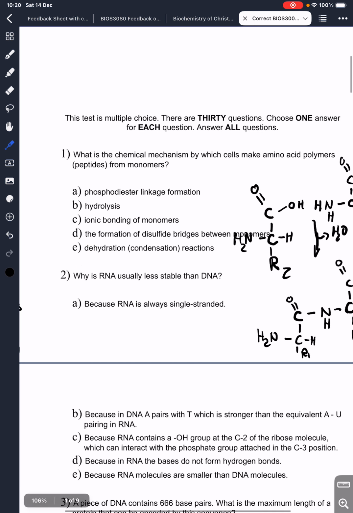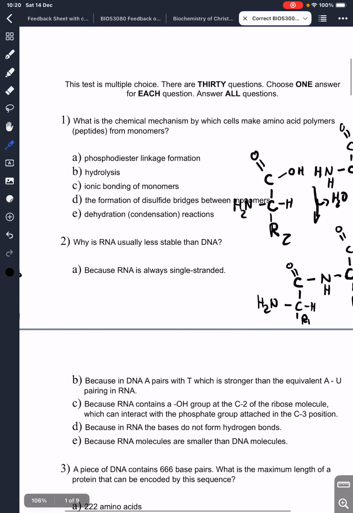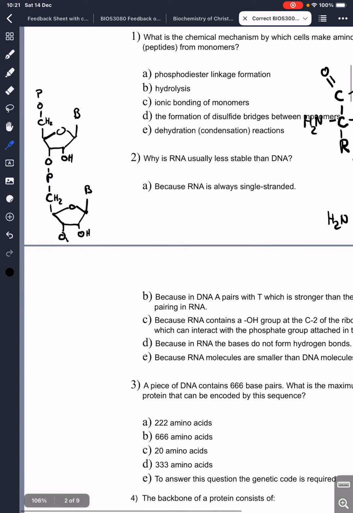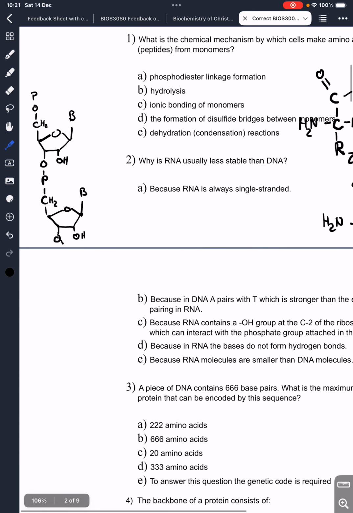Now, in the next question, why is RNA usually less stable than DNA? That has something to do with the position of the 2' OH group. In RNA, we've got an OH group located here, whereas in DNA, we just have an H. That's what the deoxy stands for.